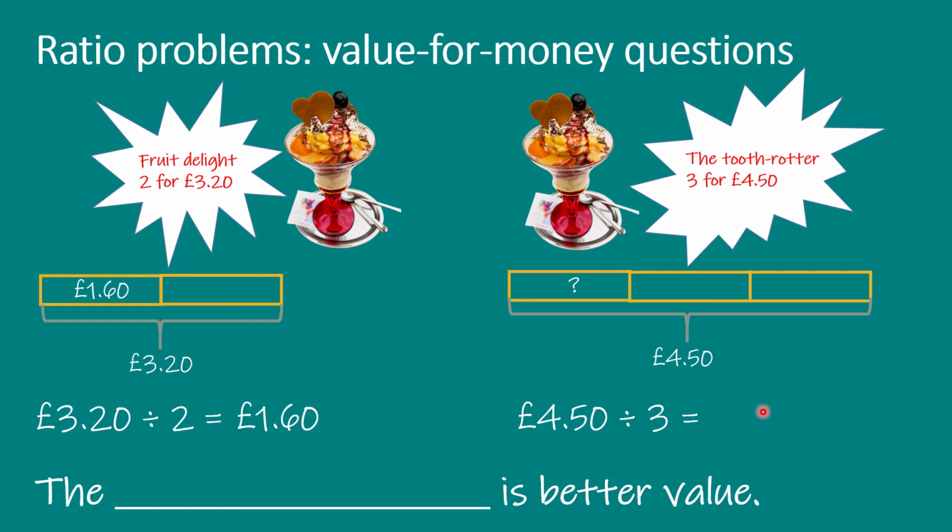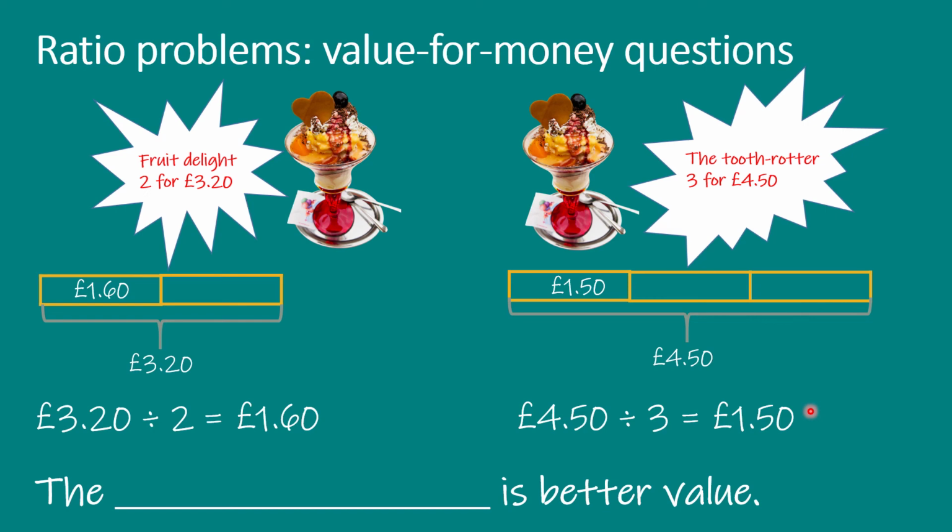I know that 3 lots of 15 make 45. So 45 divided by 3 is 15. So 450 divided by 3 is 150. And then that's £1.50 in pounds and pence, isn't that right? So each Tooth Rotter is £1.50.